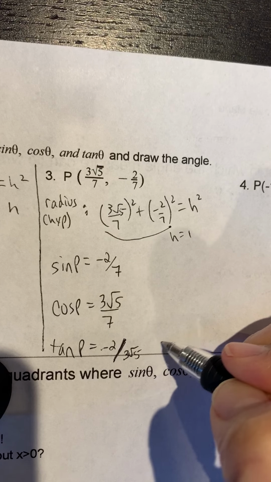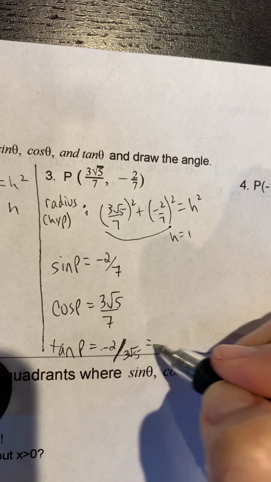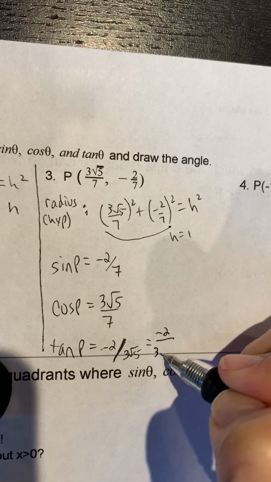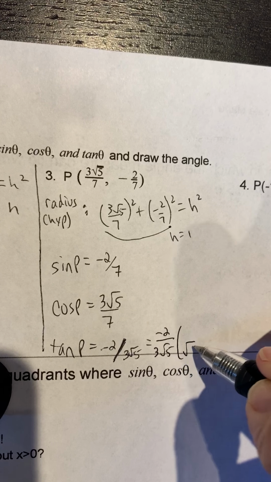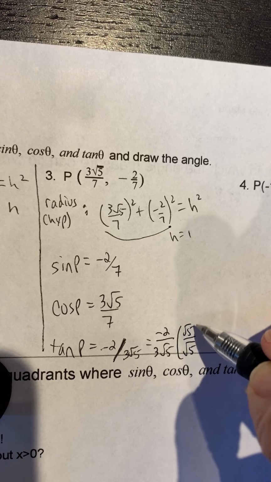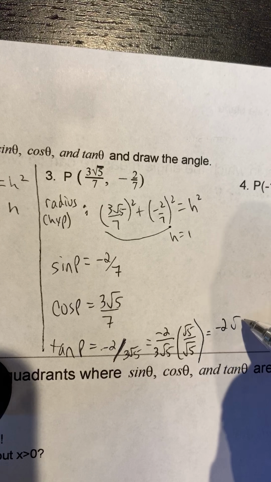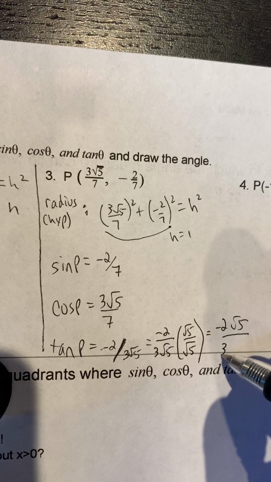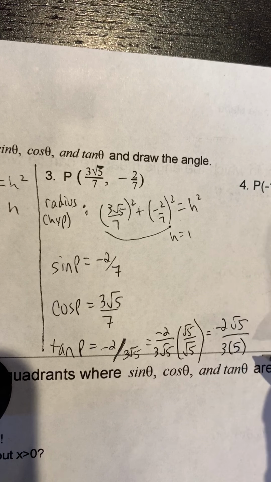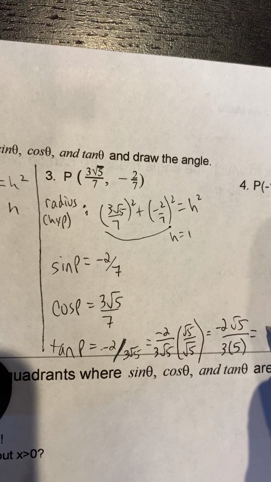I don't like to leave that in the denominator, so I'm going to rewrite it neater. Multiply top and bottom by the rad 5. Negative 2 rad 5 over 3 times 5. Not going to happen often.